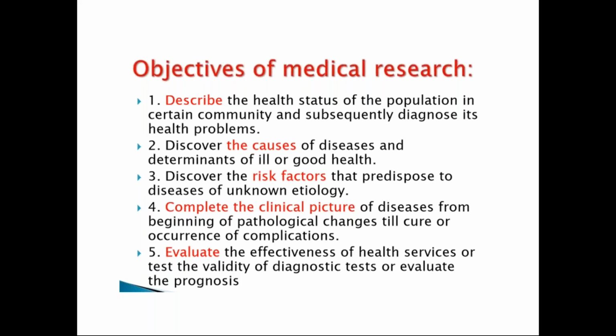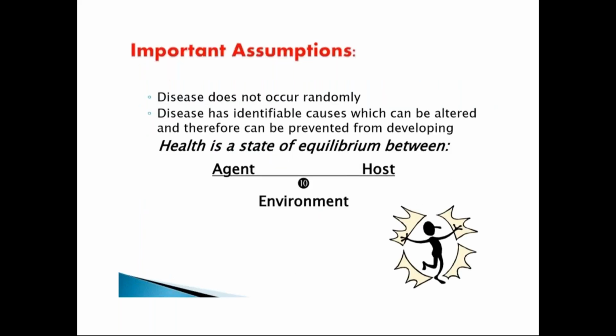So etiological research helps us to have a total picture. It also helps us to evaluate the effectiveness of health services, test the validity of diagnostic tests, or evaluate the prognosis.